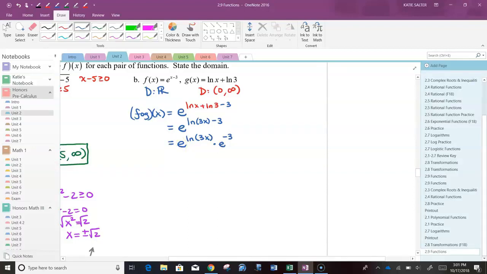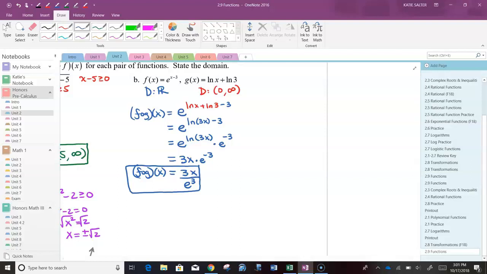E raised to the natural log of 3x gives us just 3x. And then we still have times e to the negative 3. And if we really want to clean this up, then that would give us that f of g of x is equal to 3x divided by e cubed, because we know we normally do not leave negative exponents in our final answer.